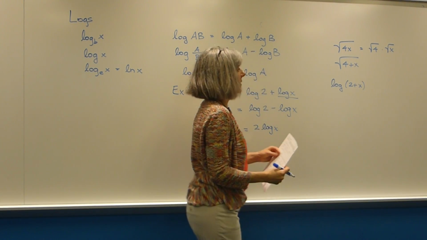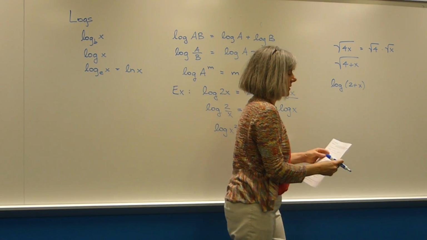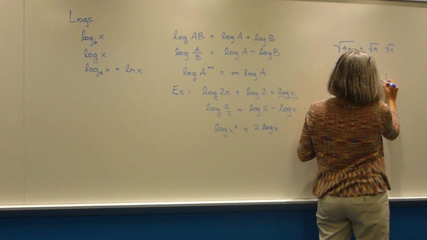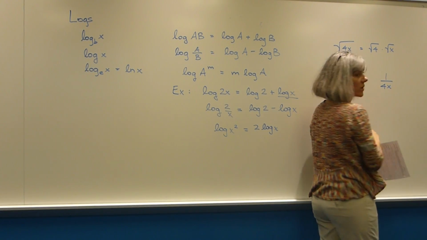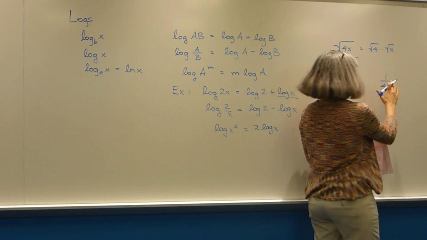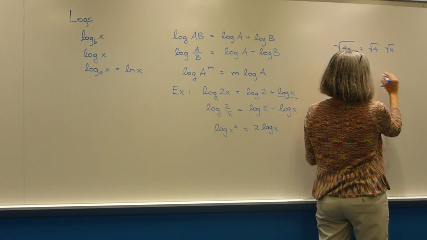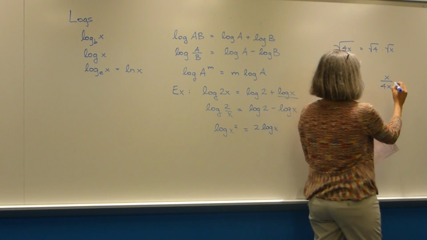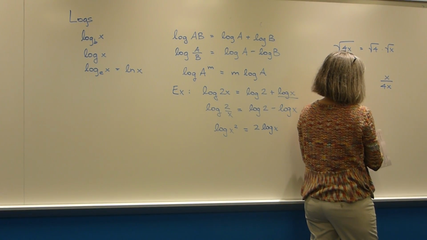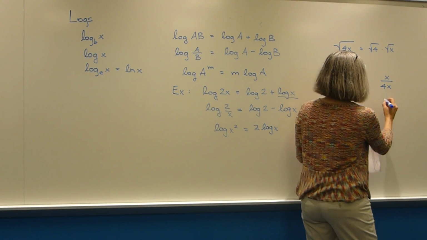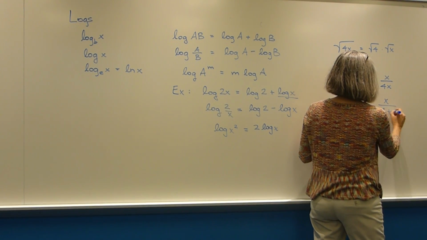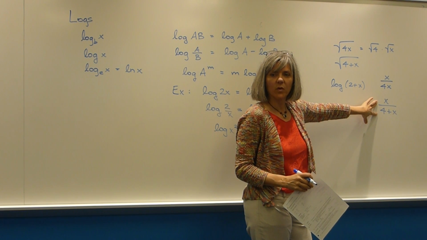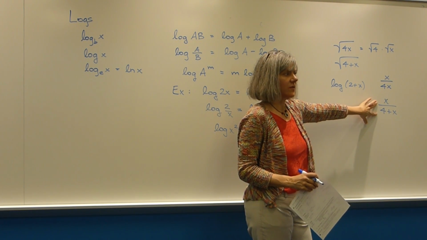Okay. Another good example, let me just bring this up while we're talking about this. 1 over 4x. X over 4x. Nothing cancels here. X over 4 plus x, nothing cancels here.